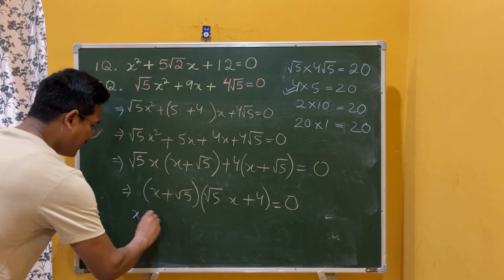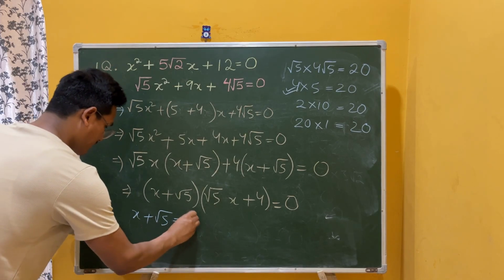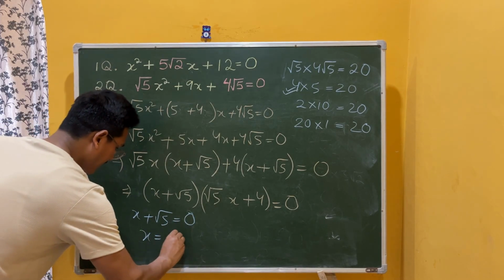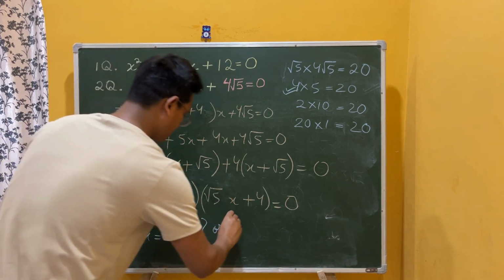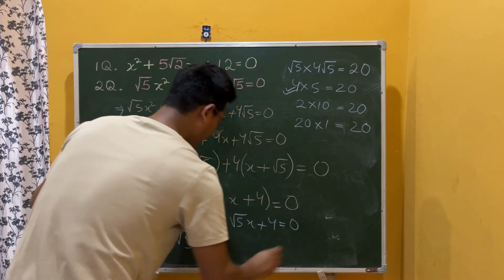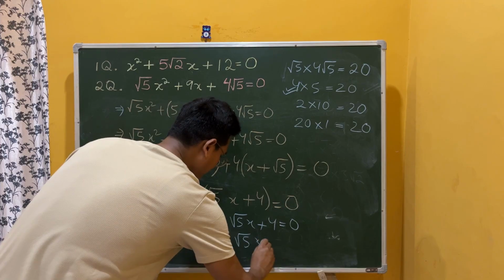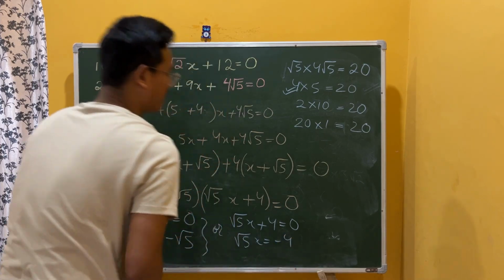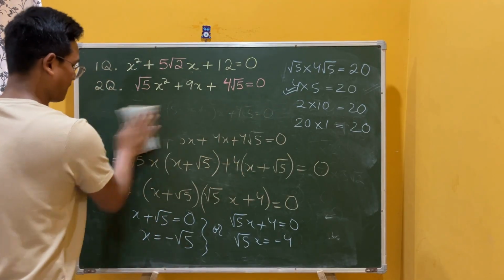So either x plus root 5 is 0, that means x equals minus root 5, or root 5x plus 4 equals 0, that means minus 4. I don't have a space here. Okay, let me do it.